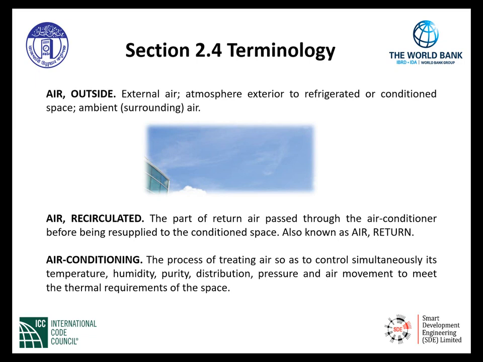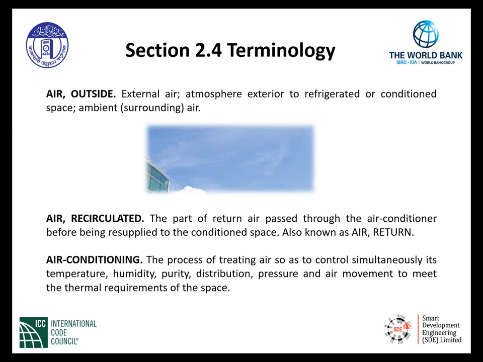As indicated, the temperature must be analyzed, maintained accordingly for the end result of the space function. Humidity as well, air purity, the distribution, the pressure, and of course, air movement into and through the space is of importance.